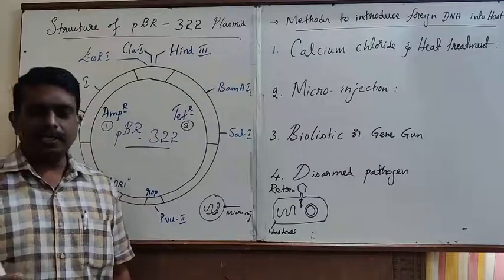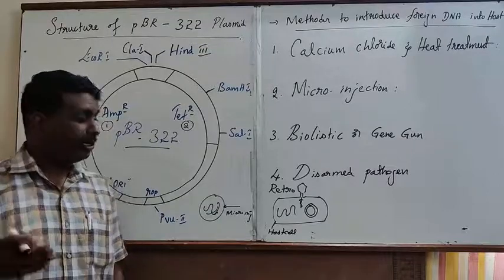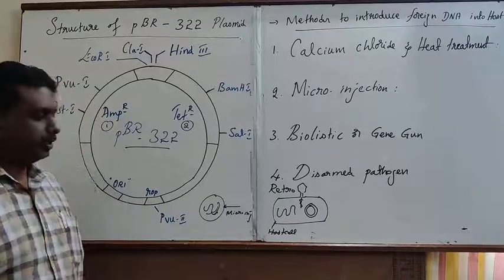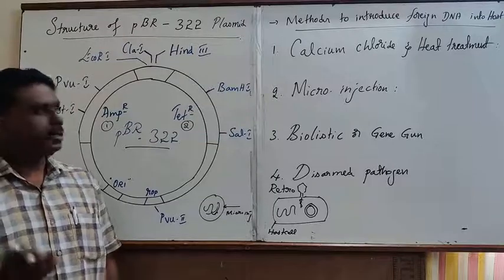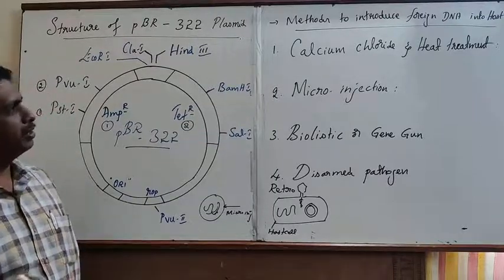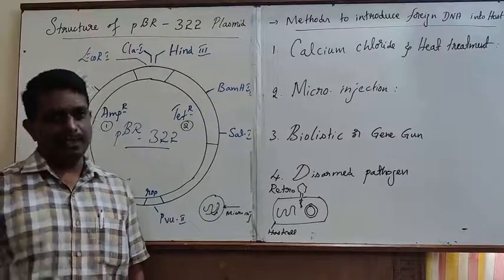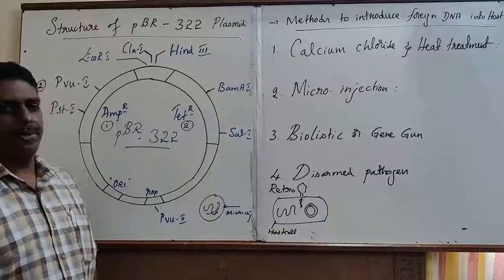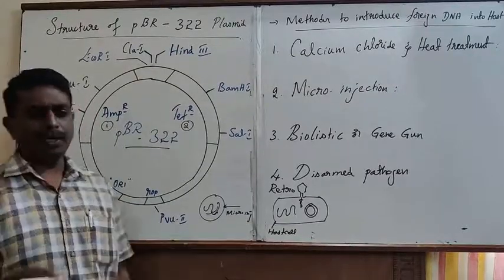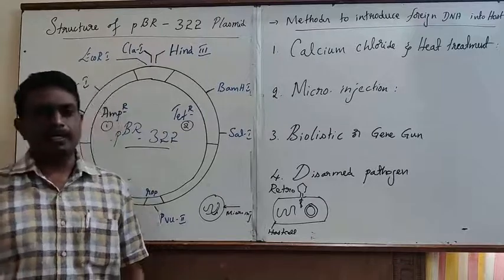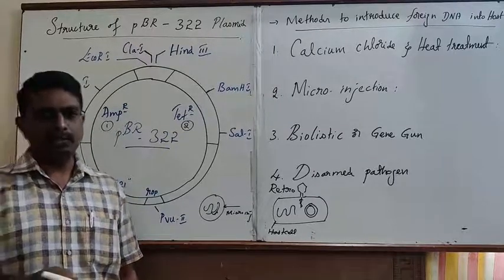This methodology is ideal for animal cells. These are the 4 important methodologies widely used to introduce foreign DNA into the competent host. The last important aspect is the bioreactor. That will be studied in the next class. Thank you very much.